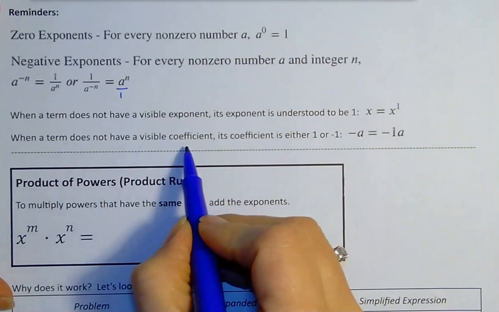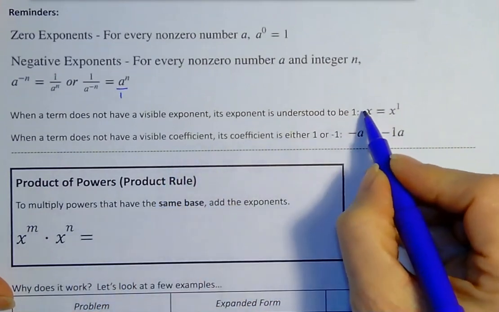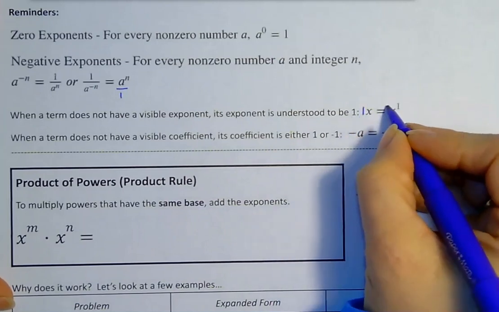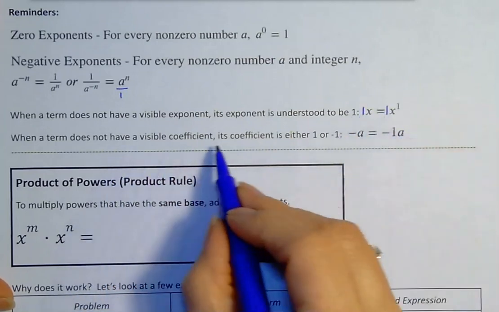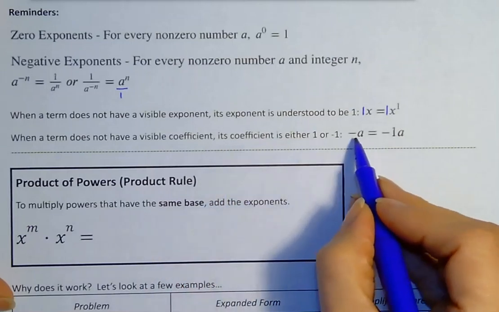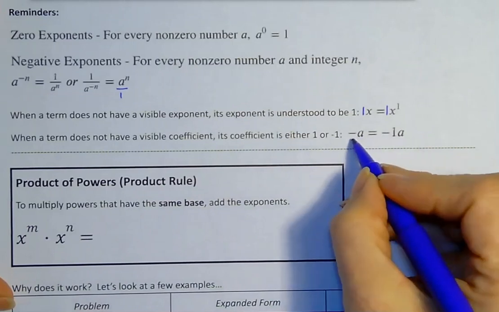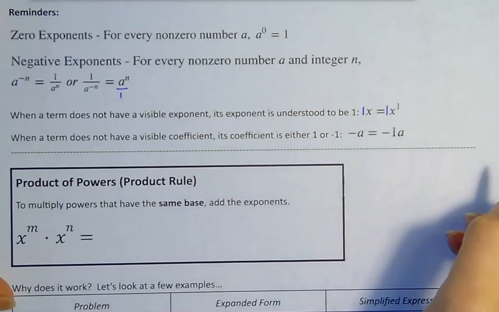If a term does not have a visible coefficient, there's no number before it, x here has a coefficient of 1. And if it's a negative of the variable, it's really a negative 1. Negative a really means it's negative 1 times a.